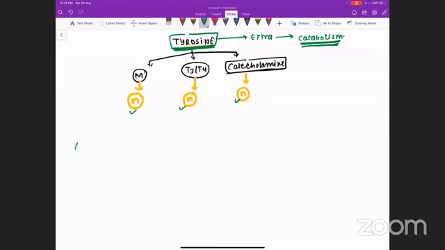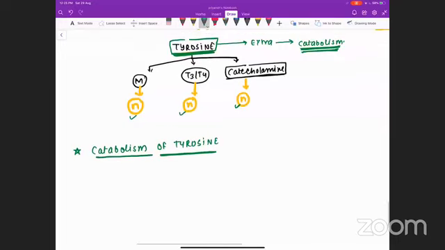So now what we are going to discuss is catabolism of tyrosine. If all the three are in normal amount, then what to do with the tyrosine?